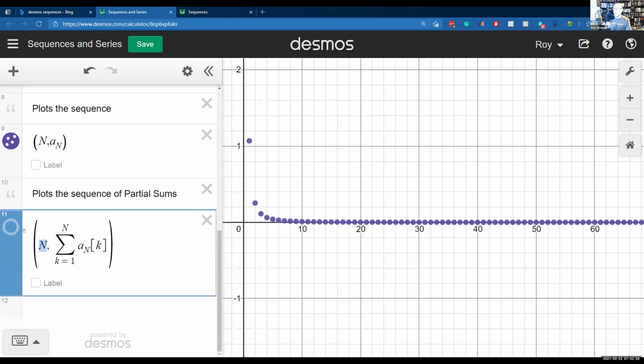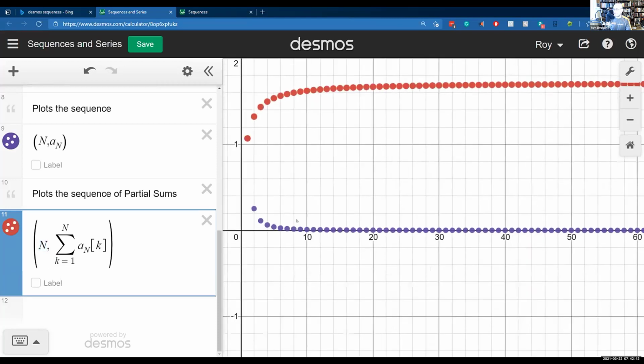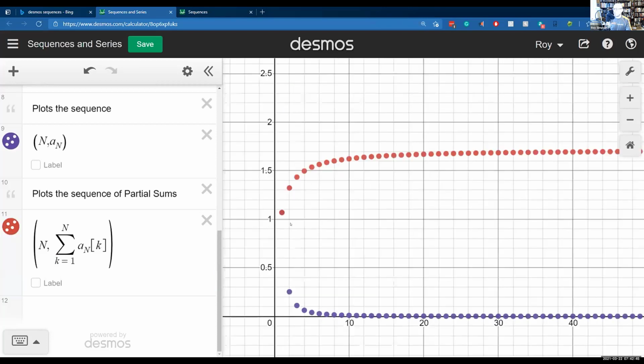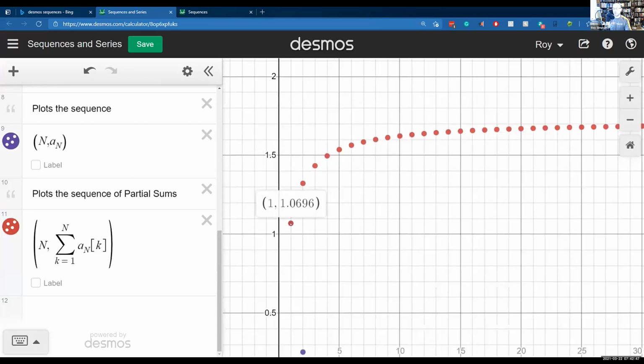So let me go ahead and turn it on and I'll describe it. In red, at n equals 1, it's added up the first term of our series. That's e to the first minus e to the 1/2. At n equals 2, it's added up that previous term plus e to the 1/2 minus e to the 1/3.